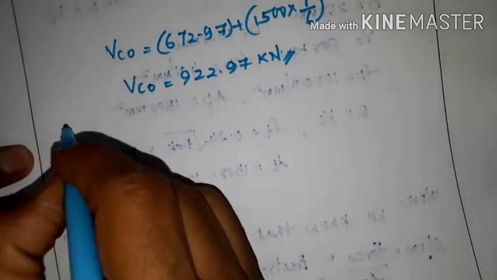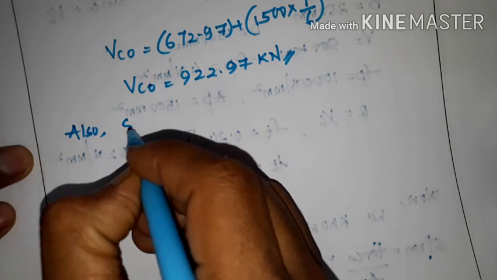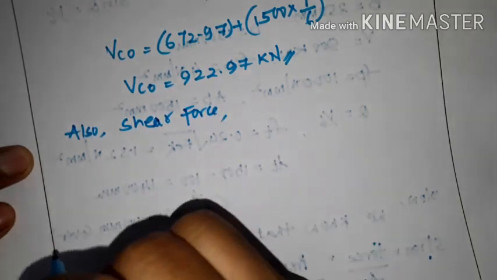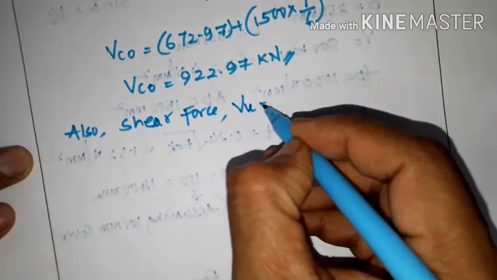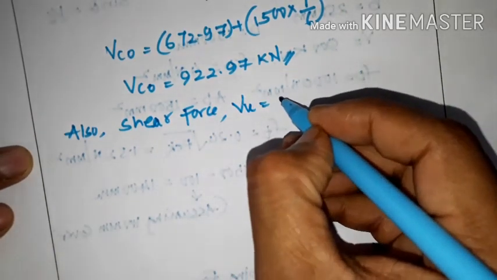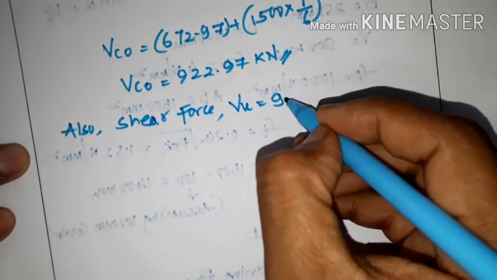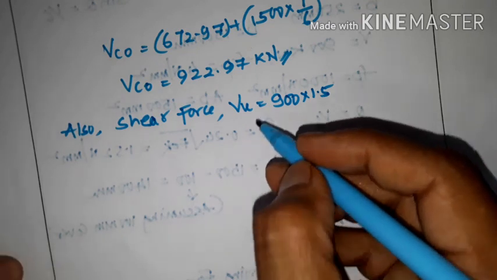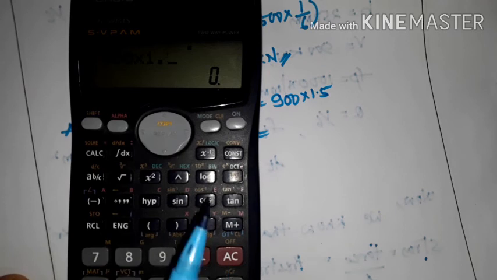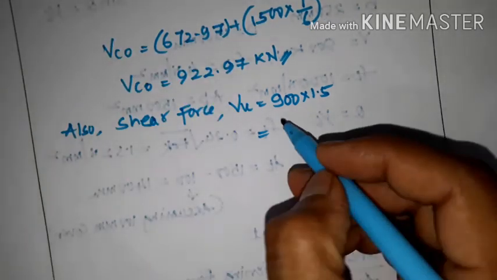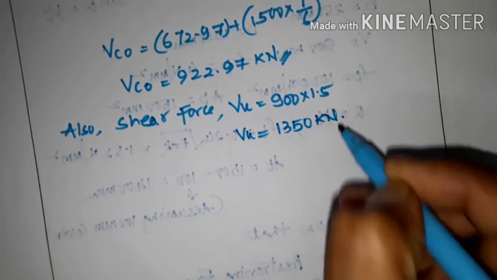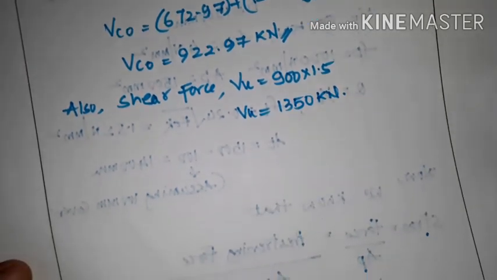Also, shear force VU is equal to 900 into 1.5. So we will get this as 1350 kilonewton. Now we have to compare.